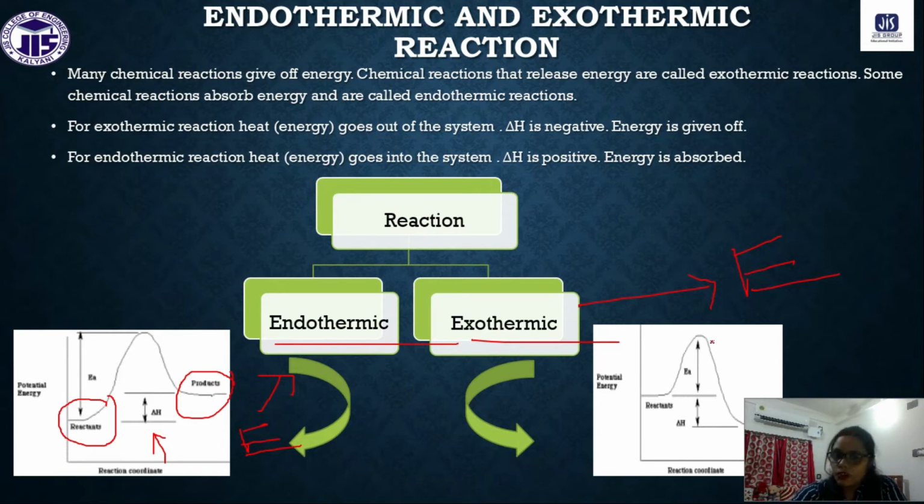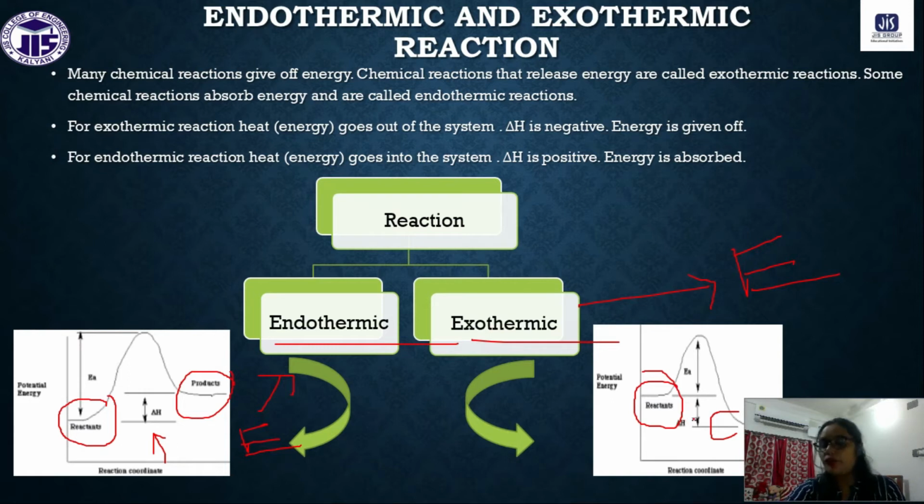And what is exothermic? Exothermic means, you can see, this is the reactant internal energy and this is the internal energy of the product. The internal energy of the product is less than the reactant internal energy.